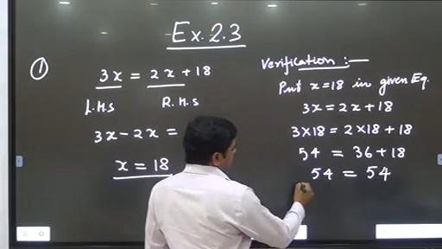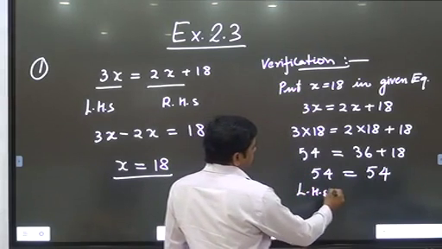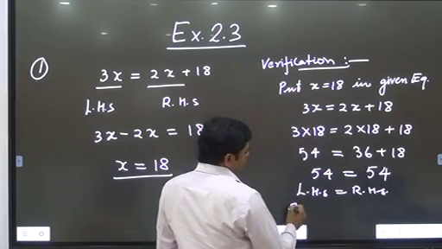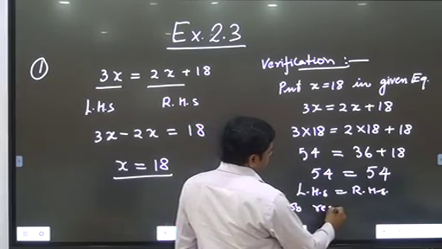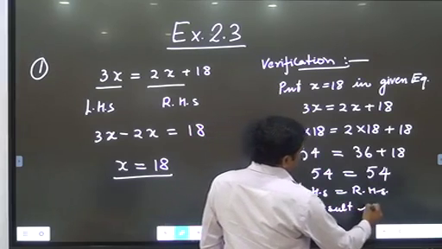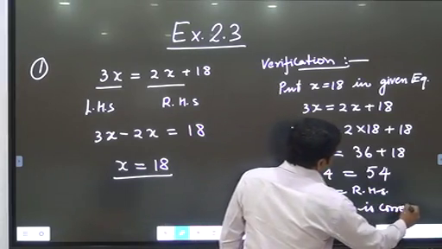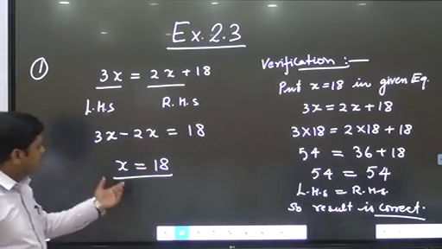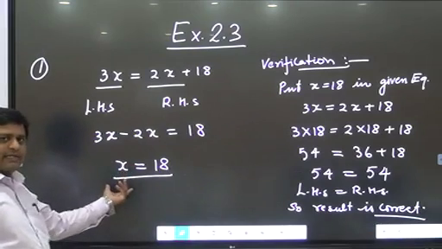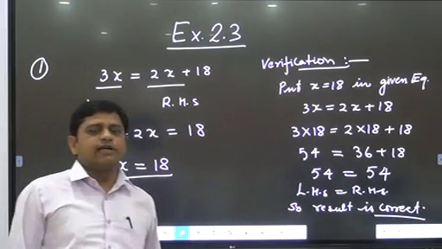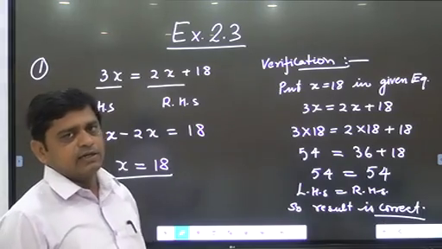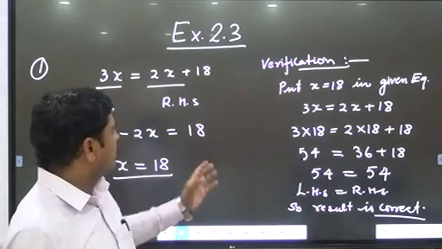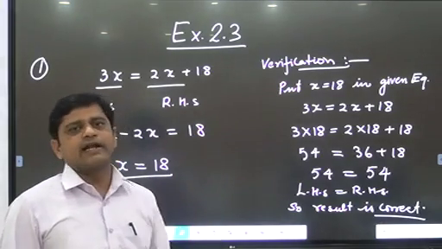So we can see that the left hand side is equal to the right hand side. So the result is correct. Means when we put the solved value of x in the given equation, we find that the value of the left hand side must be equal to the value of the right hand side. Then we confirm that the solution is absolutely correct.